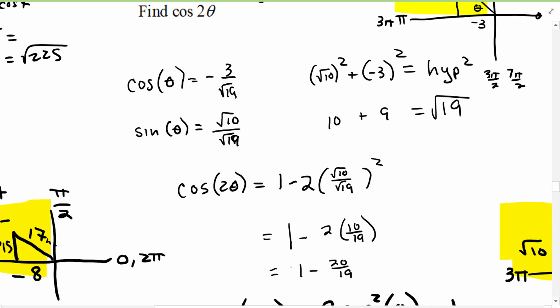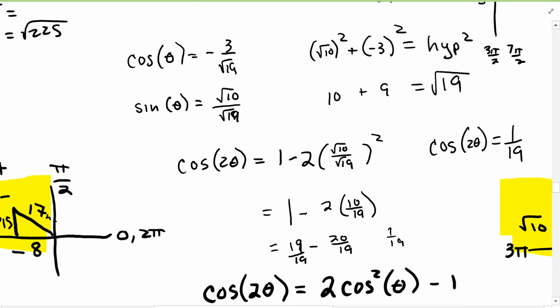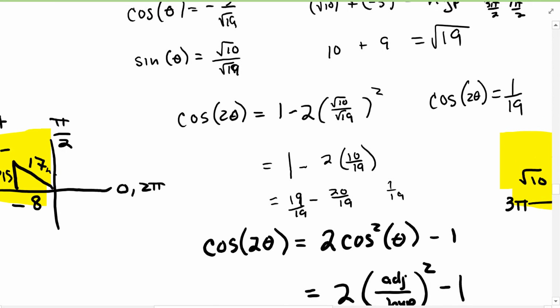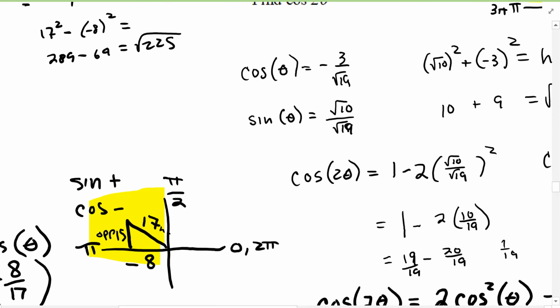Well, 1 is the same thing as 19 over 19. 19 over 19 subtract 20 over 19 just gives us 1/19. So cosine of 2 theta is equal to 1/19. I should have actually made a lot more room with that. But anyway, so there we have that one.